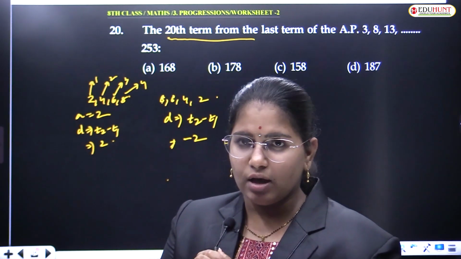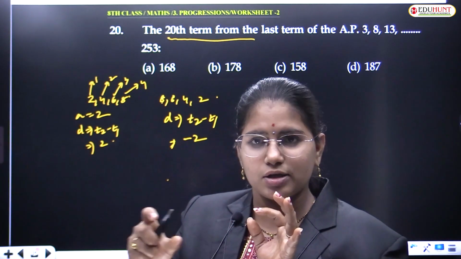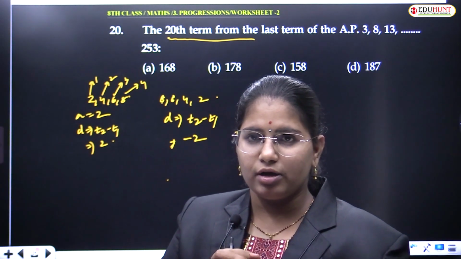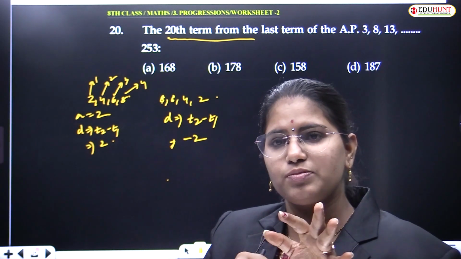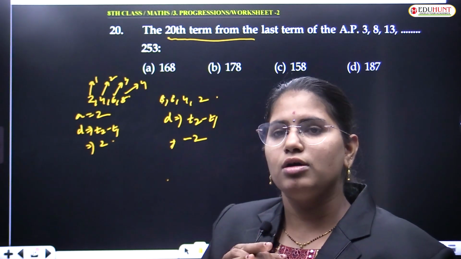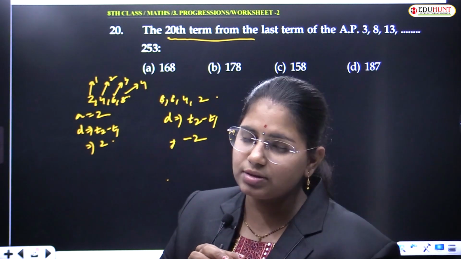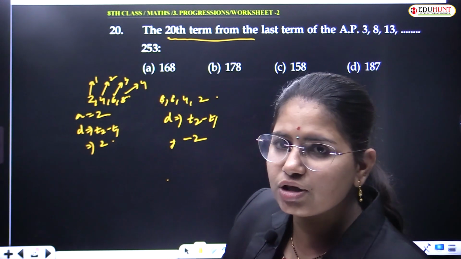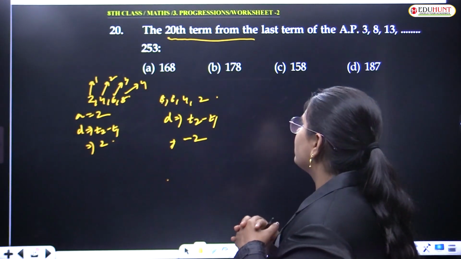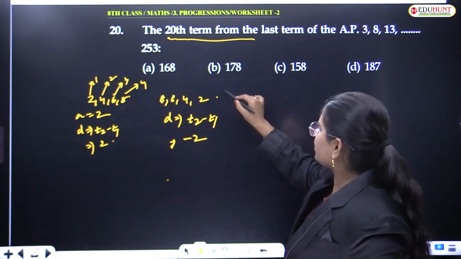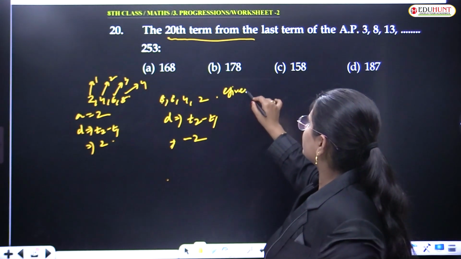Did you understand? From this I mean to say that whenever you consider the same sequence from the last position, the common difference changes with a negative sign. Clear?